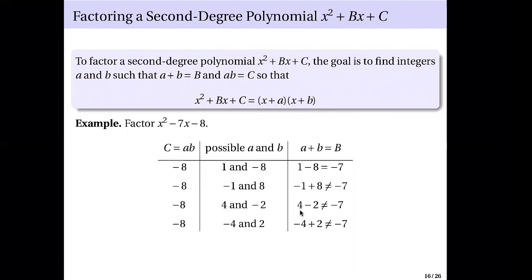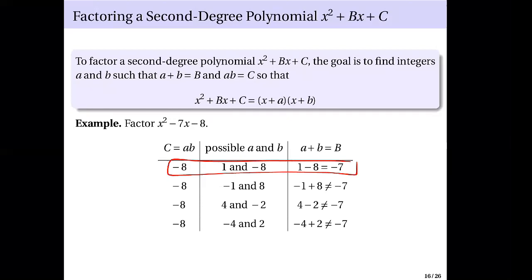But 4 plus -2 is +2. The other pair, -4 and 2. So -4 plus 2 is -2. It's not equal to -7. So we are lucky that in our first try, we got our answer.